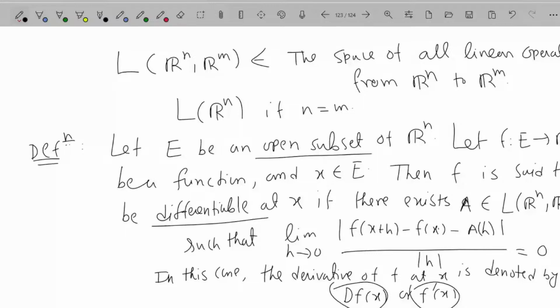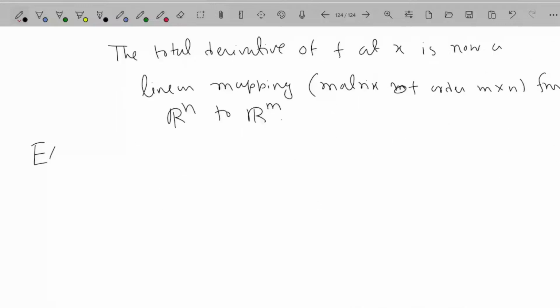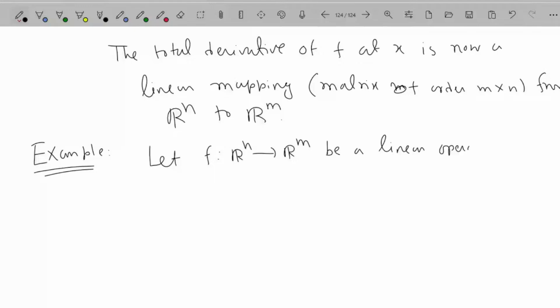Okay, let's say an example. Let f itself be a matrix, that means a linear operator from Rn to Rm. So let f from Rn to Rm be a linear operator. Because we are using a linear operator, we just want to know whether the derivative at a point exists or not.